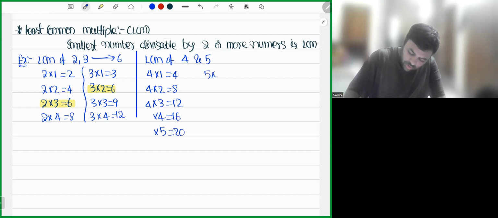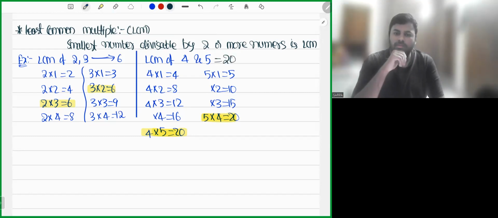Now 5 into 1, 5. 5 into 2, 10. 5 into 3, 15. 5 into 4, 20. So can I say, my dear friends, 20 is the least common number which is divisible by both 5 and 4? Yes, sir. So LCM of 4 and 5 is 20.